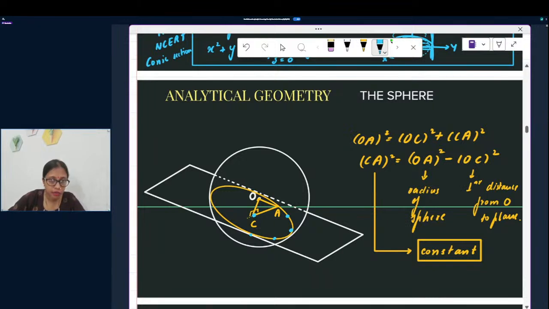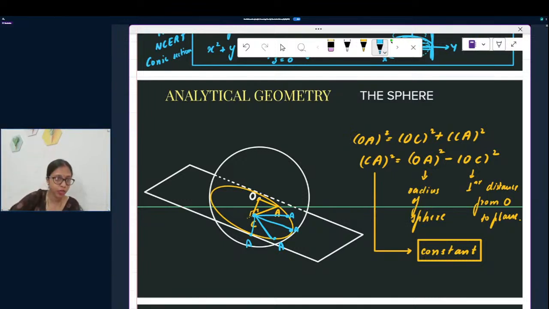That means whether I find this CA or this CA or this CA, all are the same because OA is fixed, OC is fixed. So all are the same. That means C, which is actually the foot of the perpendicular, is nothing but the center of the circle that you have obtained.